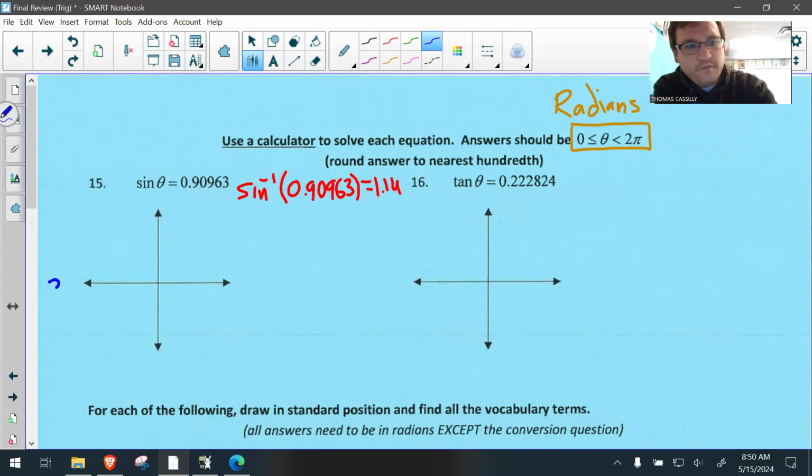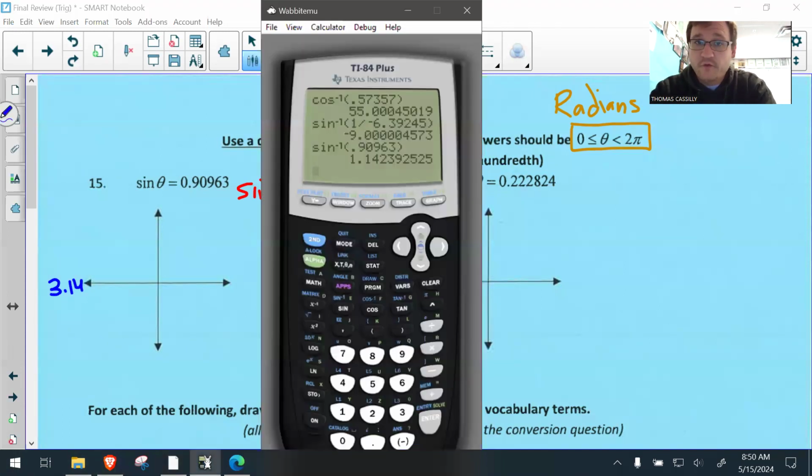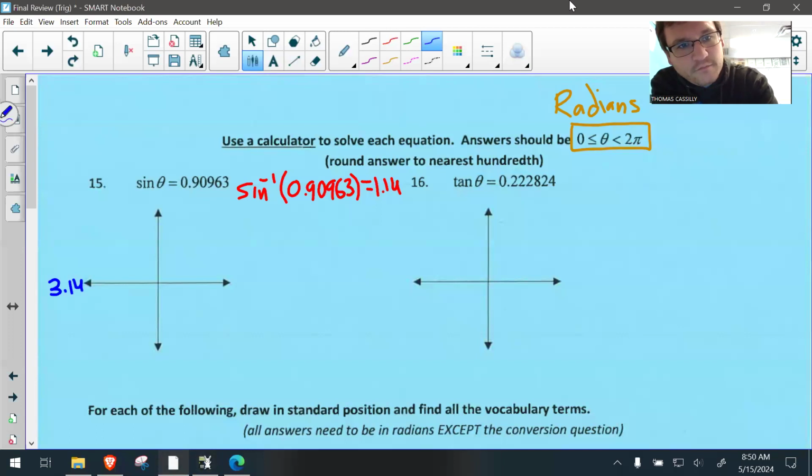So over here, don't think of this as 180 degrees. Think of this as pi. Think of the vertical ones as pi over 2 and 3 pi over 2. So I'm just going to do 3.14 divided by 2, and that is going to be this number here, 1.57.